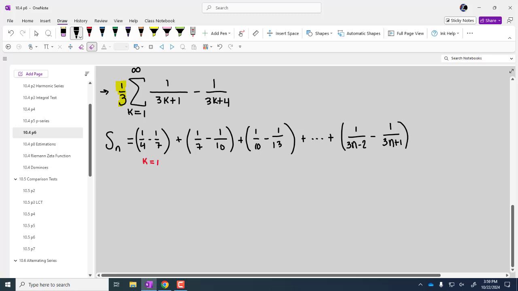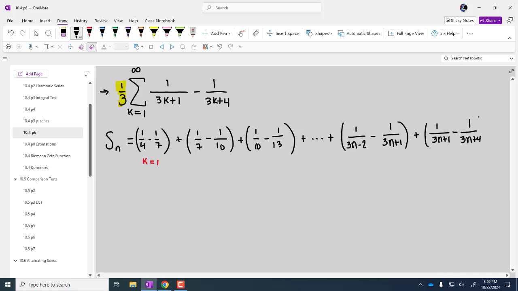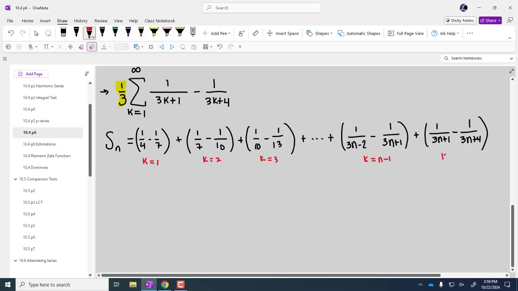Then we plug in n, and we get 1 over 3n plus 1 minus 1 over 3n plus 4. So this is when k is 2, when k is 3, when k is n minus 1, and when k is n. Those are the sums, the S of n, sum of the first n terms.